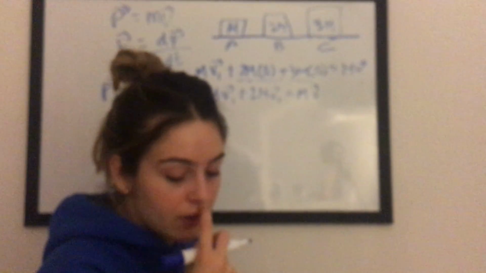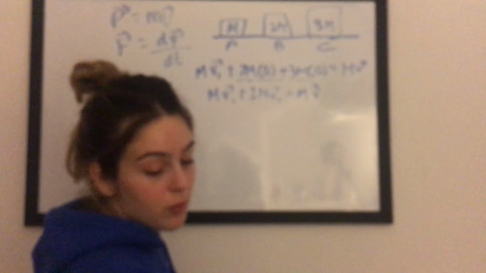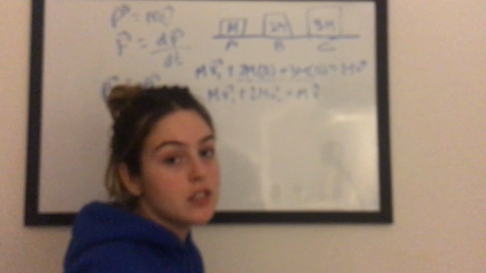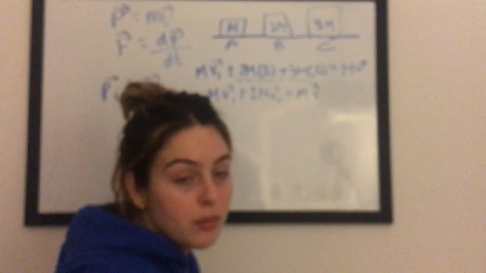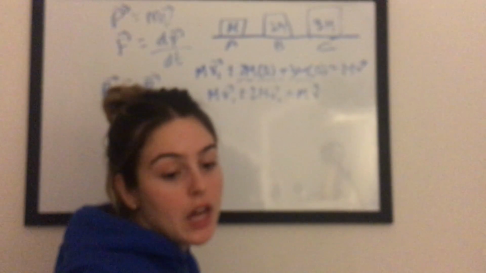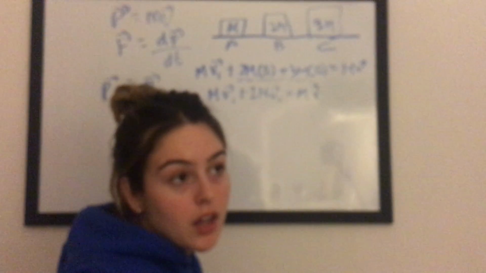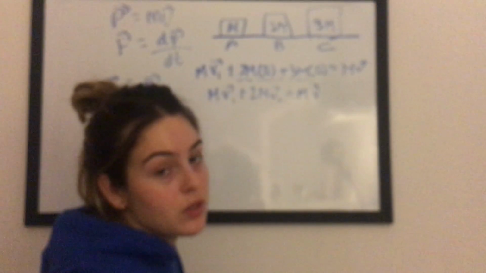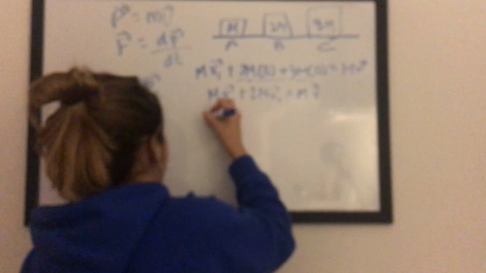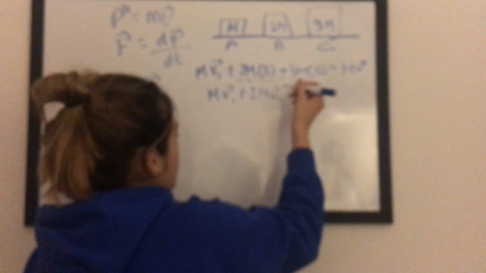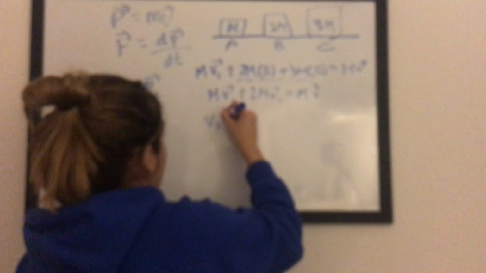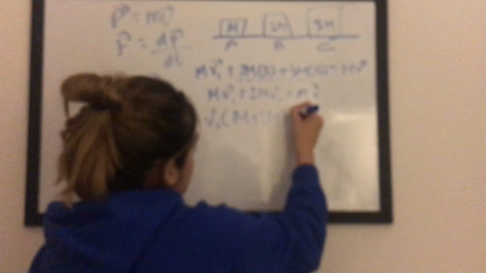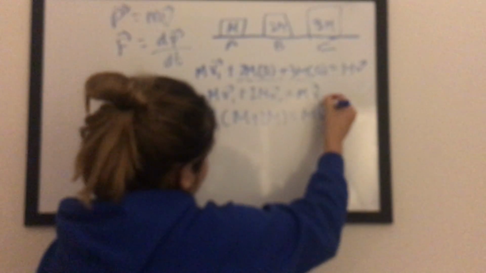To simplify this a little bit, we can say that these velocities are going to be the same, because when Block A collides with Block B, an inelastic collision occurs, and so the velocity transfers over to Block B. So these are technically both v1, so v1 times m plus 2m is equal to mv.